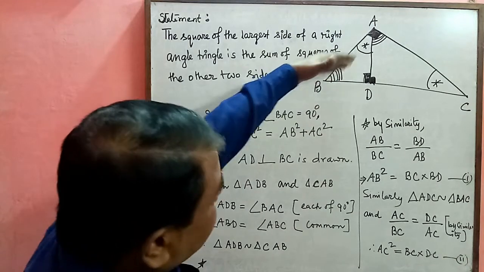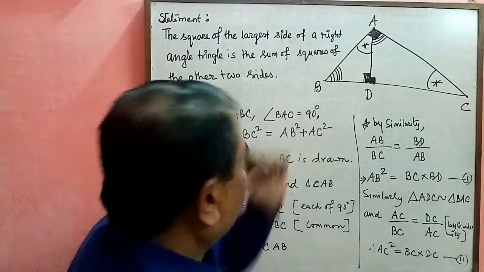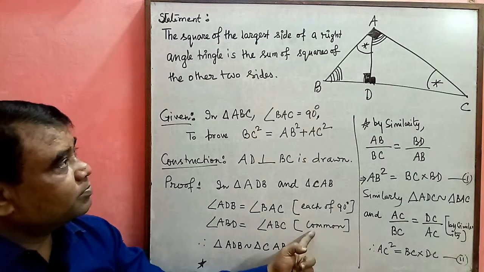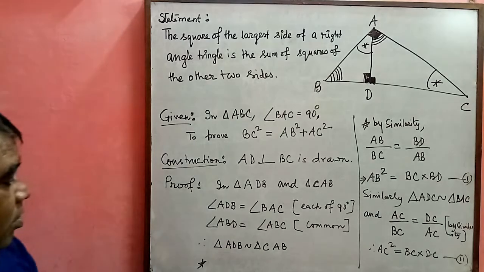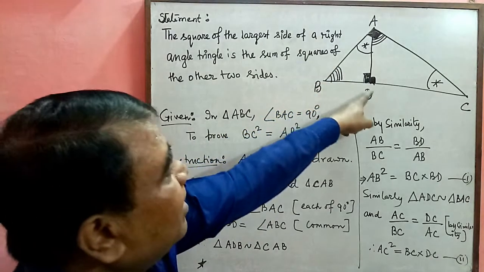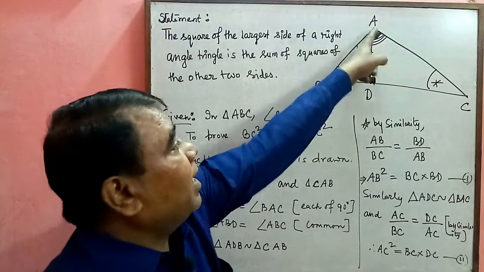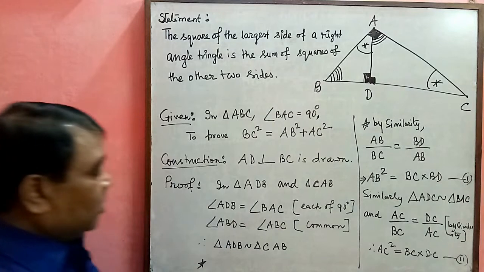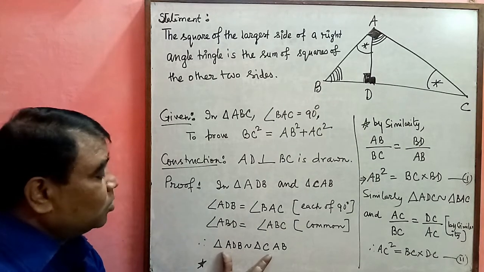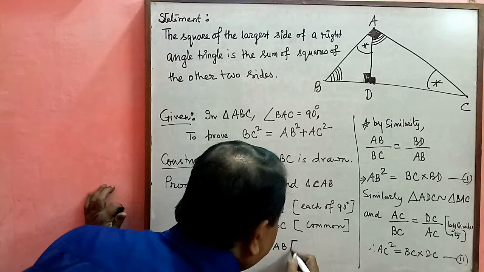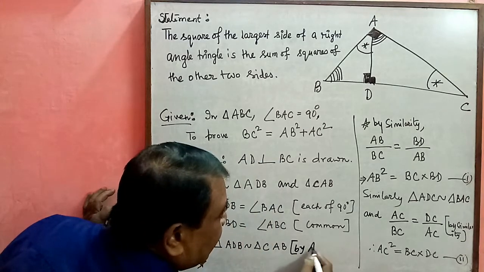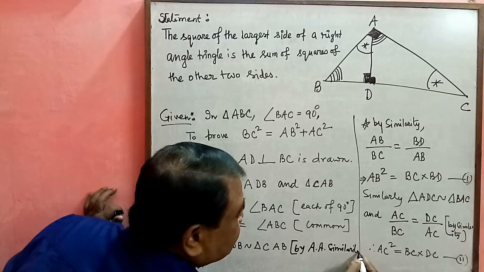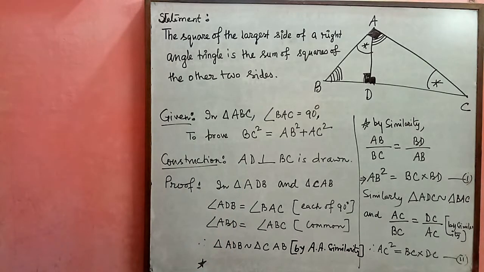I told you already, angle ABD and angle ABC, both are common. So here angle ABD is equal to angle ABC, common. Therefore, triangle ADB and triangle CAB both are similar by AA similarity.